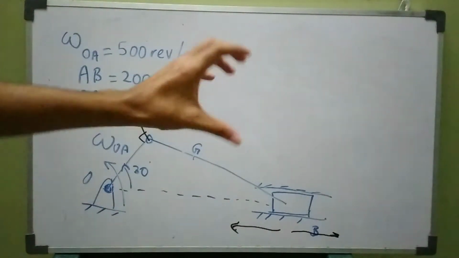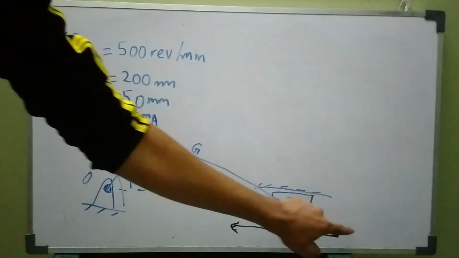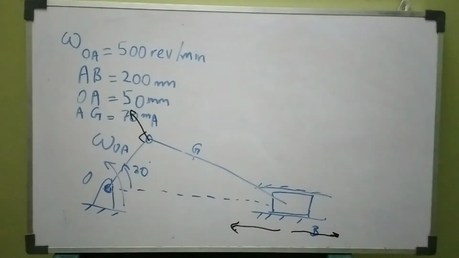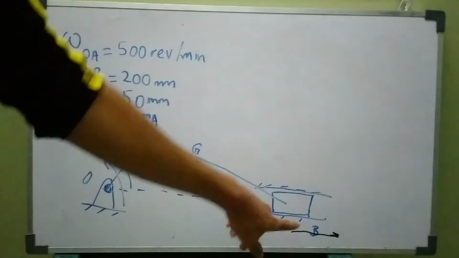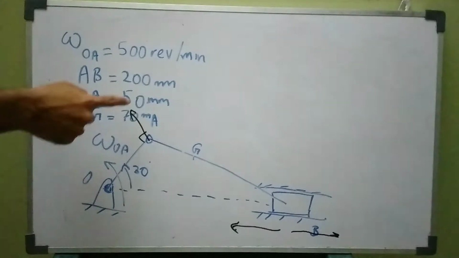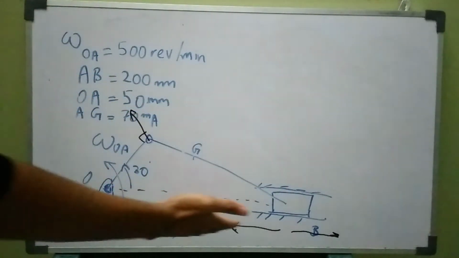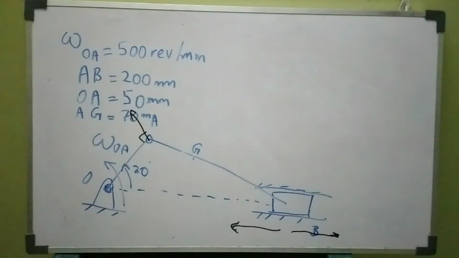Degree of freedom is horizontal. So from that we can directly tell it's going to move either in this direction or this direction, which means the velocity will be in this direction, horizontal. So from that we have found the velocity, direction and the magnitude of this A point as well as the direction, either this way or this way, the horizontal, of the B point.